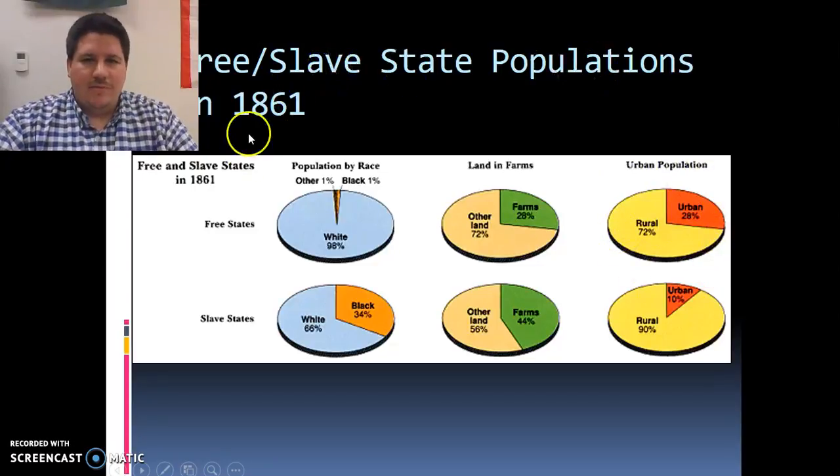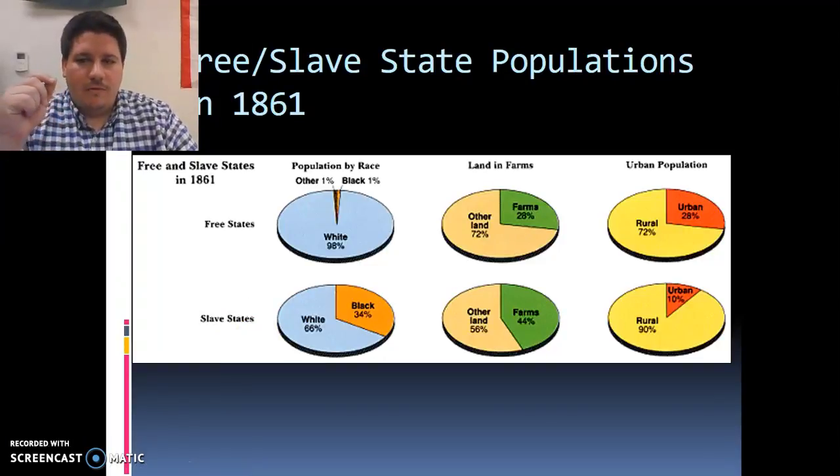In addition to that, you have the population by race to consider as well. The North is mostly white. The slave states are 66% white and 34% black, so about two-thirds white, one-third black. And I guess this is kind of misleading because some of the slave states were actually part of the Union, but still there are going to be two factors that come into play there.